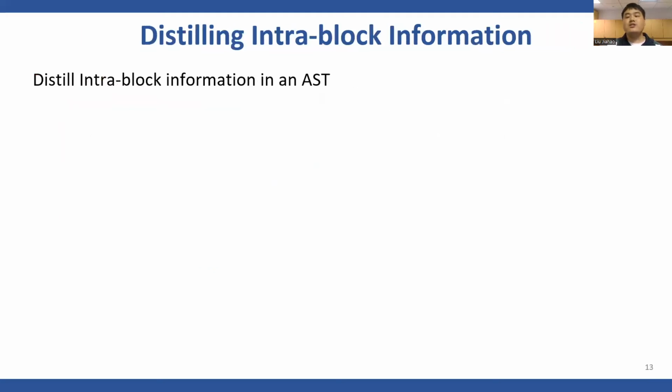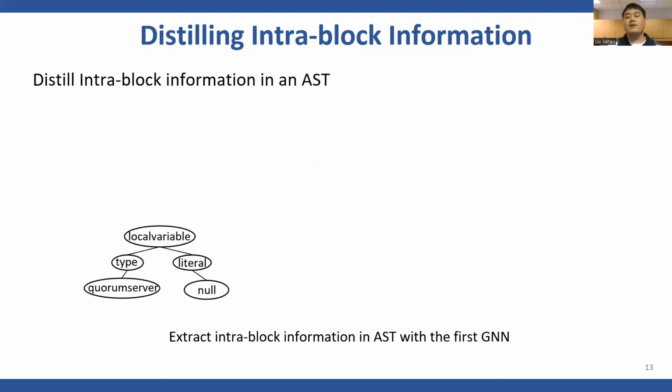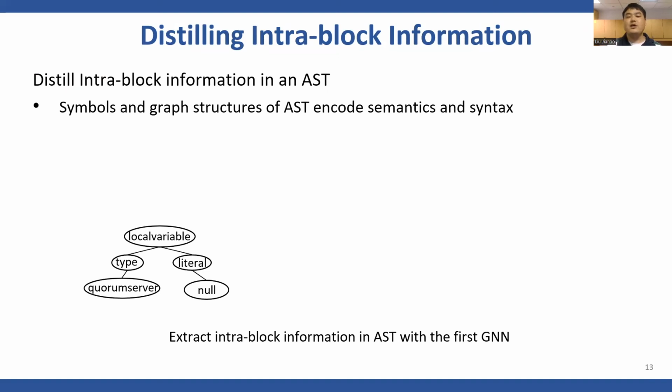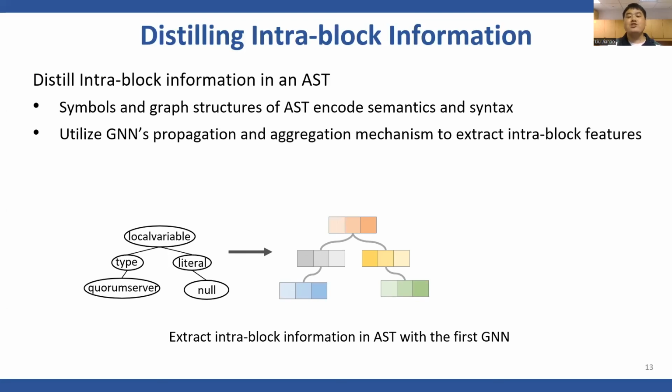For intra-block information detailing, we know symbols and graph structures of the AST encode semantics and syntax of a basic block. The problem is how to pass it to capture intra-block information. Since graph neural networks excel at extracting information from graph structured data, we utilize the GNN's propagation and aggregation mechanism to extract intra-block features.